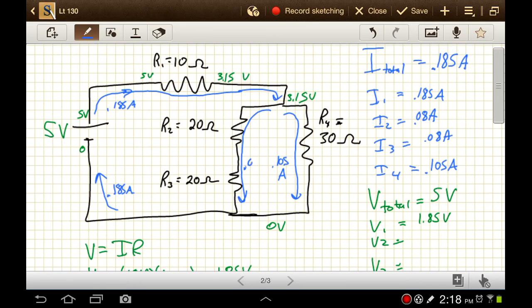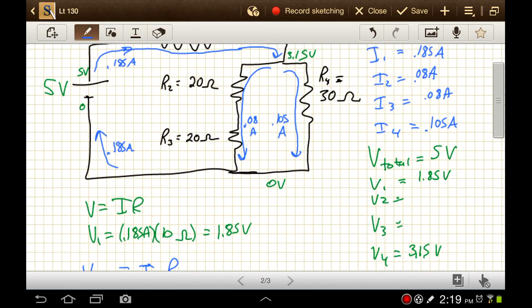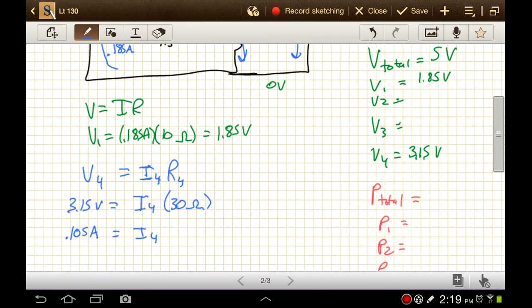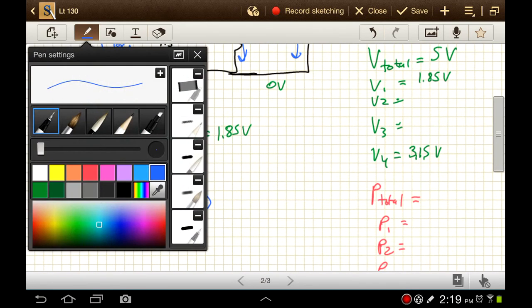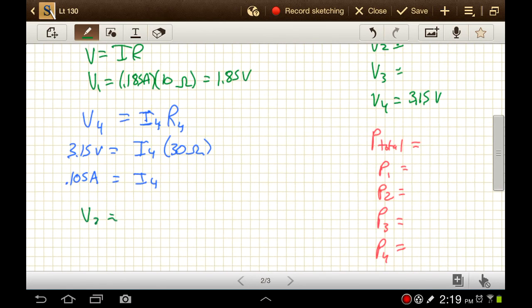There we go. Okay, so we know the currents for all of them. Now voltages, well, for 2 and for 3, we have both the resistance and current, so we can figure those out next. Go back to green for voltage. We'll say V2 is equal to I2 times R2.